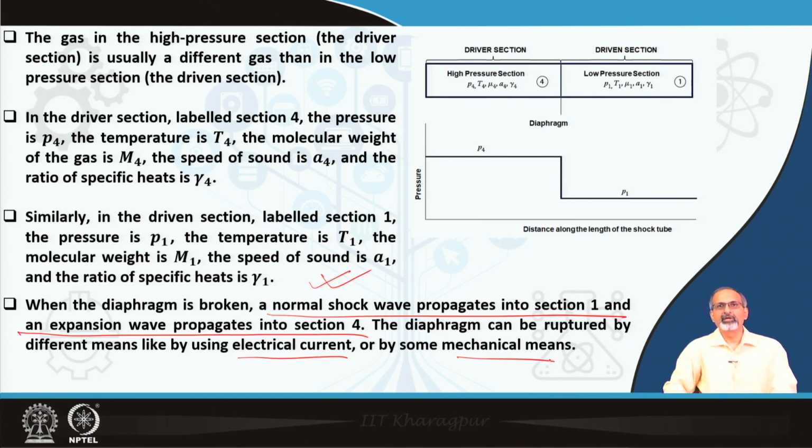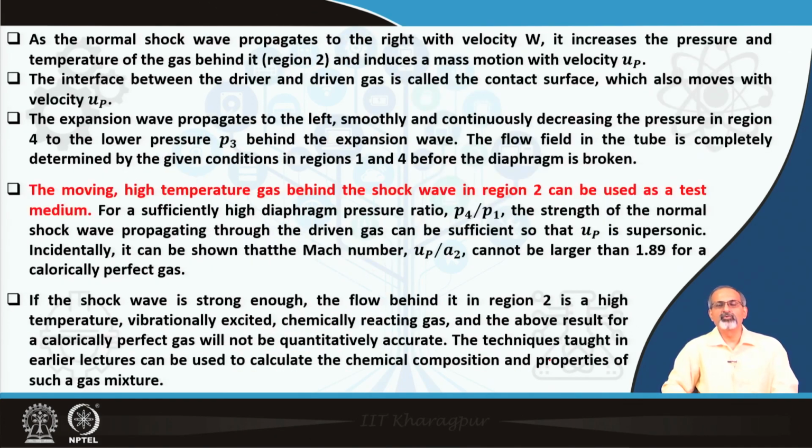Now, we follow the different patterns which move into the two regions after the diaphragm ruptures. As the normal shock wave propagates to the right, it moves with a velocity w, that is how we indicate it. It increases the pressure and temperature of the gas behind it. We call this region 2, and it induces a mass motion with velocity u p.